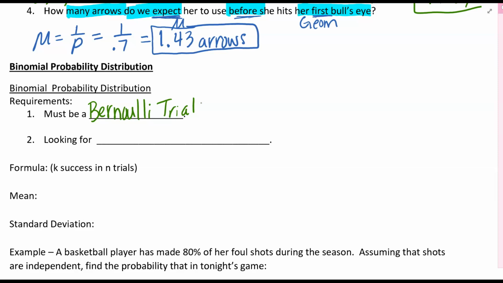And this time we're looking for K out of N successes. So this is K successes in N trials.